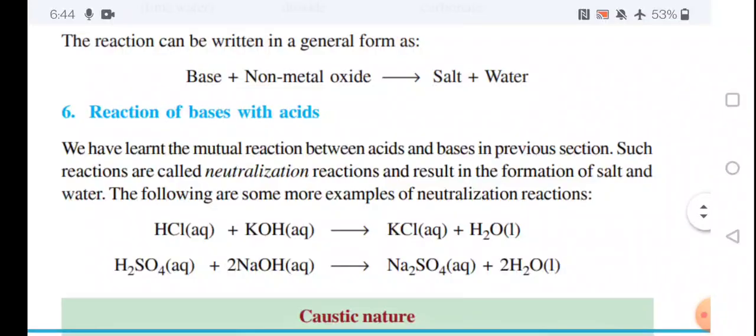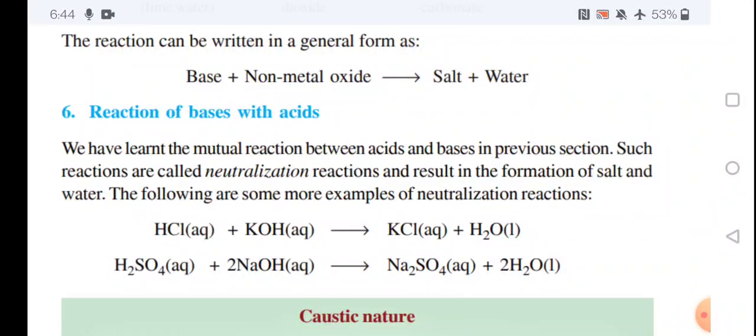Reaction of bases with acids. We studied that when acids react with bases, they give salt and water.